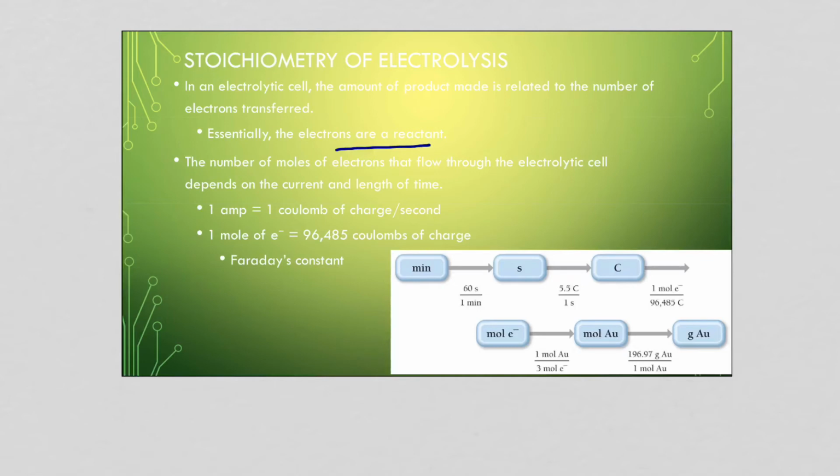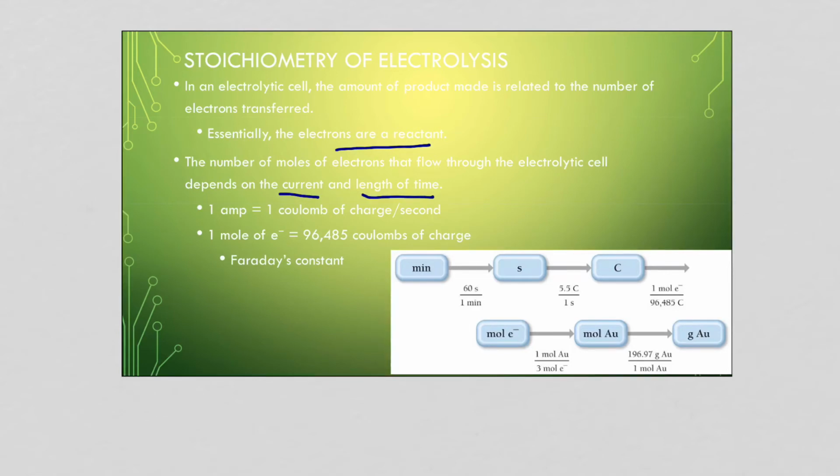Now, what we need to figure out is the moles of electrons that flow through an electrolytic cell. This is dependent on two factors: the amount of current that we put through it and how long we run that current through it. A couple of things to remember.